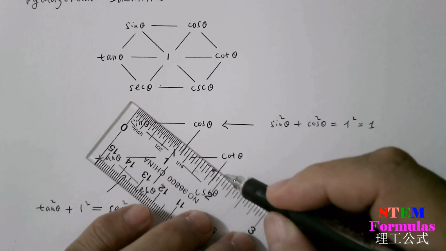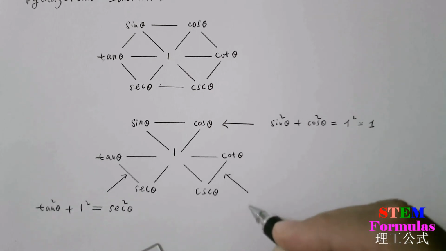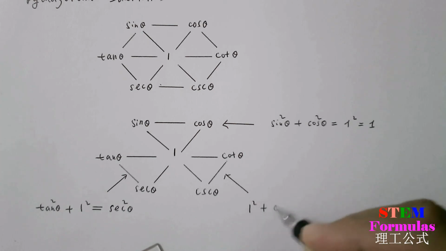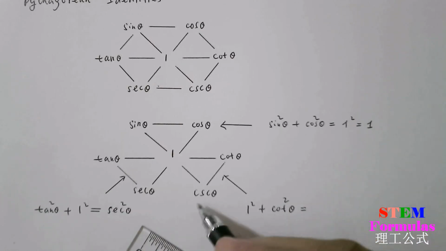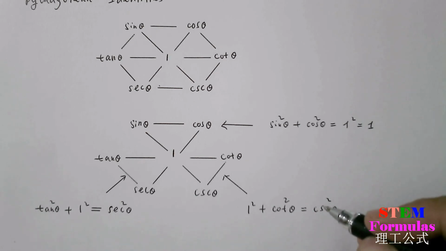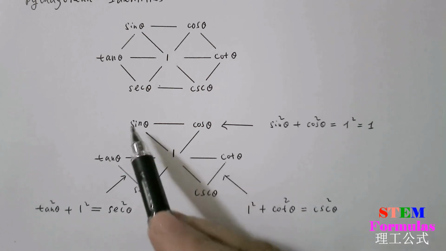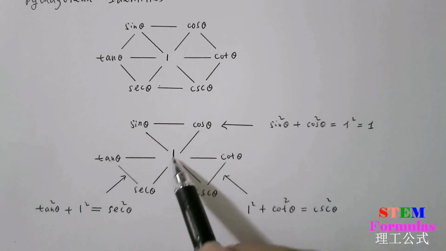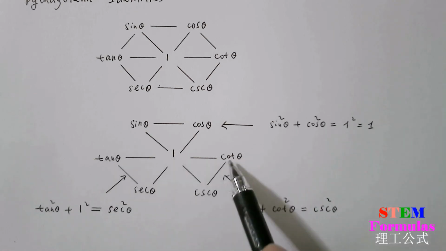And this triangle, we have 1 squared plus cotangent squared equal the bottom cosecant squared. So 1 squared is 1. So this square plus this square is bottom square.